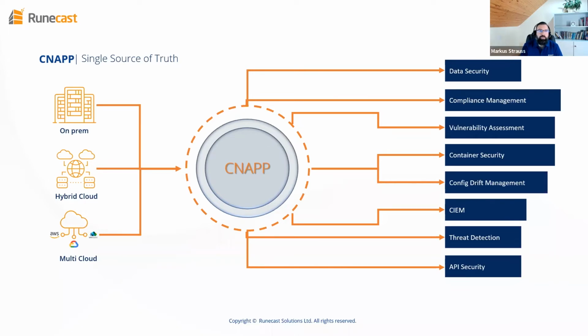We need to be able to manage compliance across all of our different workloads, across all of our different deployments. We've got to be able to do vulnerability assessment, again, across the entire spectrum, and not just one vendor for one, another vendor for another type of technology, because again, it's vitally important to have one set of policies, one set of rules that applies to all, right?